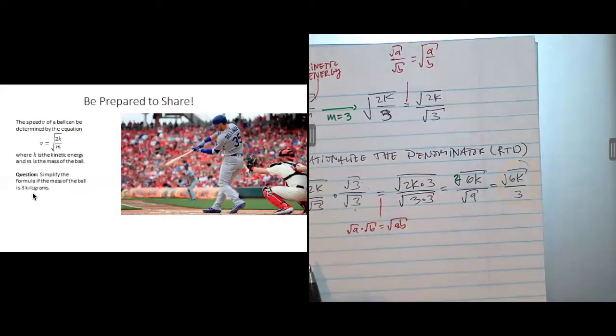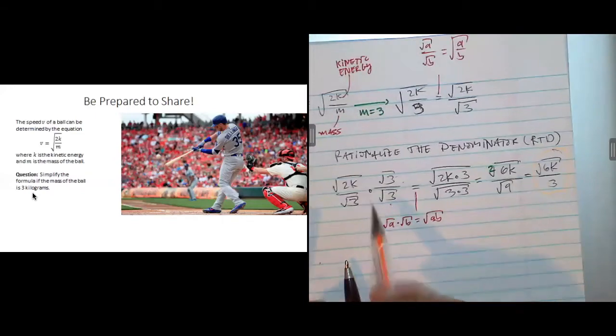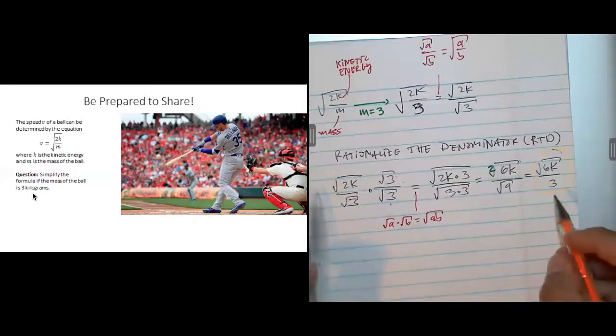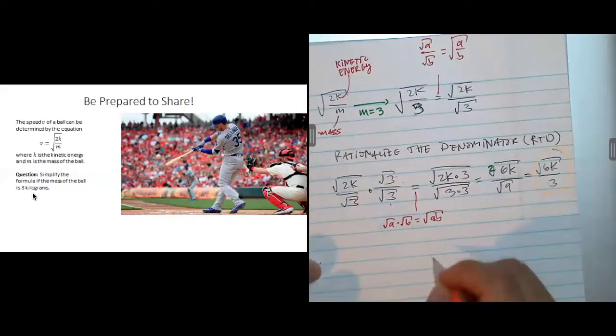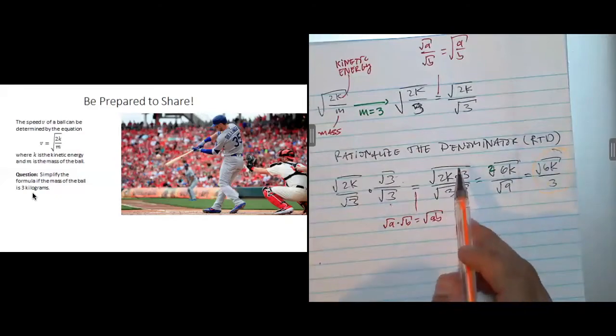The difference between this piece and this piece is that we rationalized the denominator by multiplying top and bottom by the denominator, right? The reason we did that was because rationalizing the denominator is a standard in mathematics.